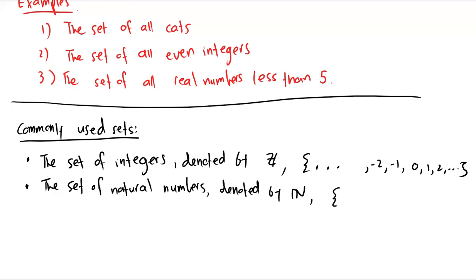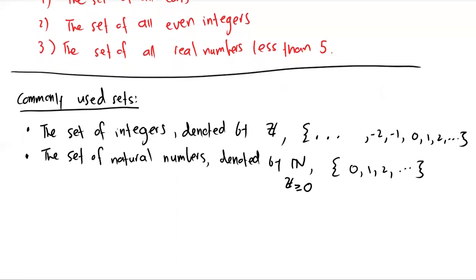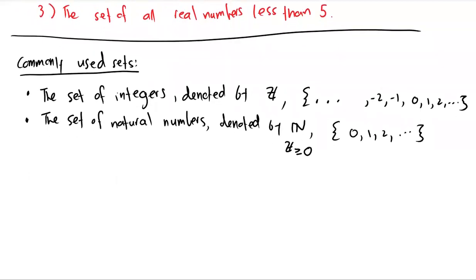We can write this down again: 0, 1, 2, etc. Another way to denote this set is writing the integer symbol with a subscript of greater than or equal to 0. I'll probably be using the integer symbol with subscript greater than or equal to 0, just so that we don't have too many symbols to work with here. The fewer, the easier.